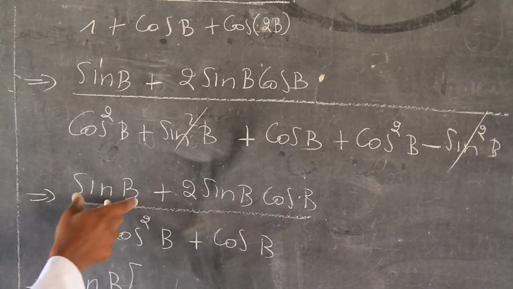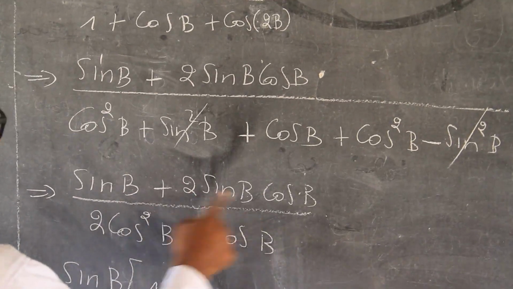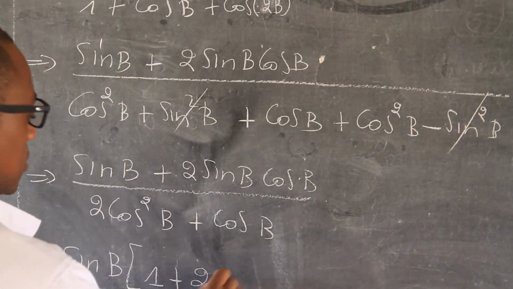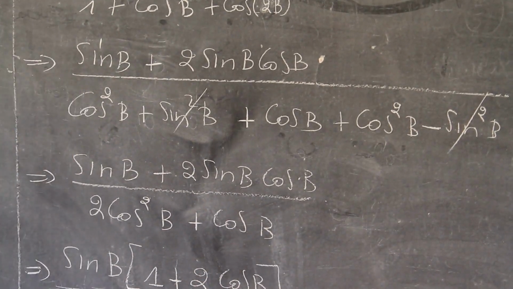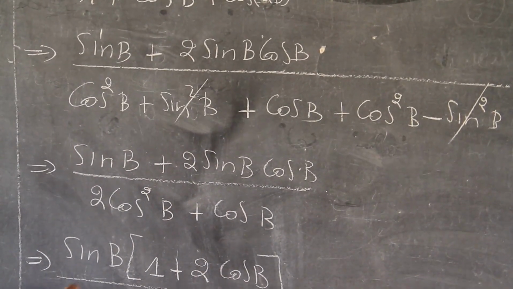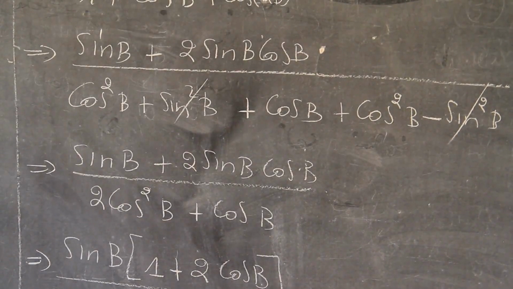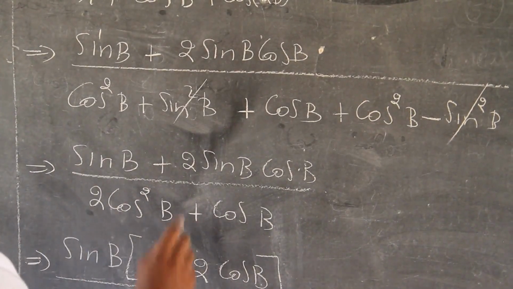It will be sine B times 1 plus 2 cos B over, here I can put cos B in fact also, it is cos B times 2 cos B plus 1.